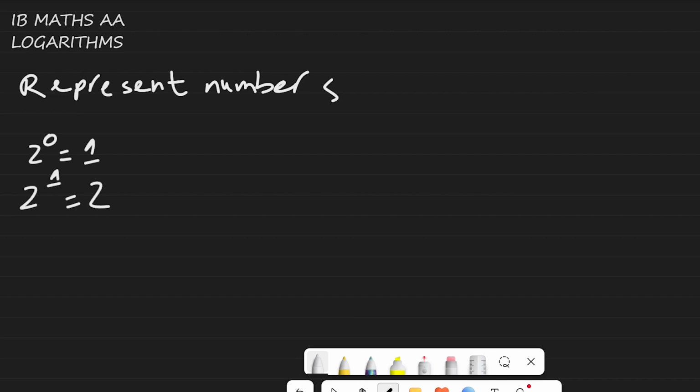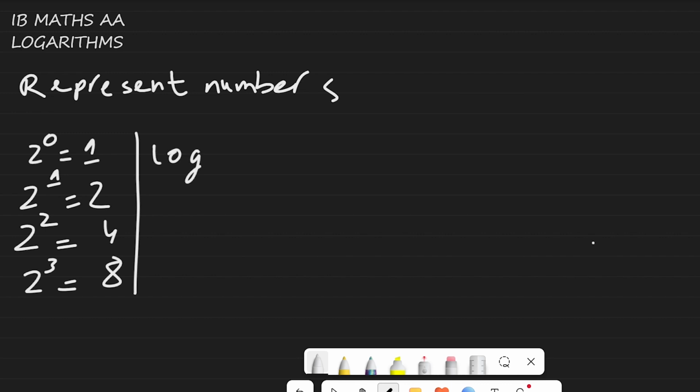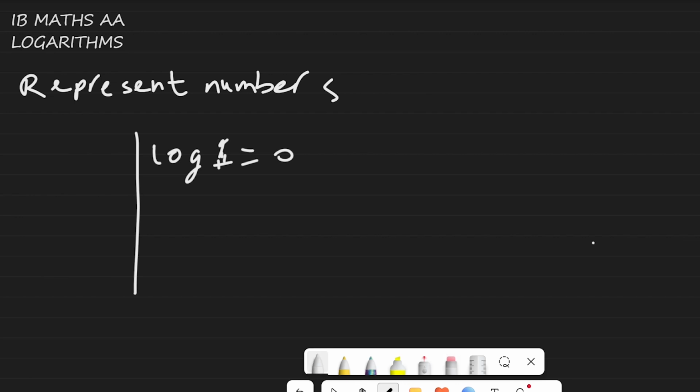Similarly, if we represent this in logarithmic form, we can write it as log of 1 is equal to 0. So the 1 is the answer over here. What if I write it that way? I'll write it as 1 is equal to 2 power 0, 2 power 1 is equal to 2, 2 power 2 is equal to 4, and 2 power 3 is equal to 8.